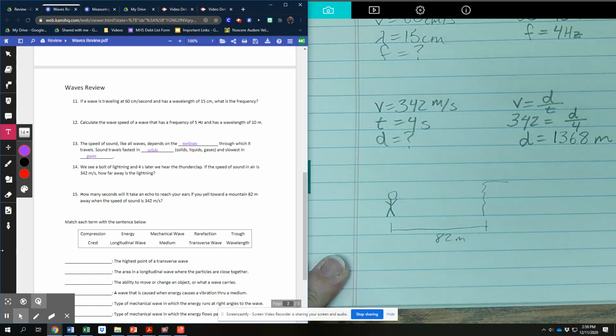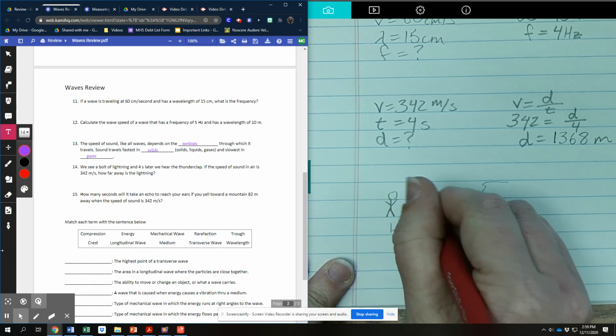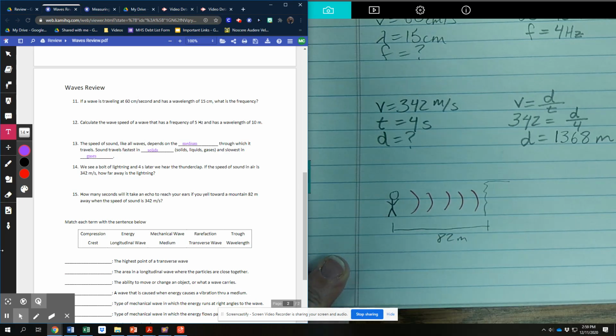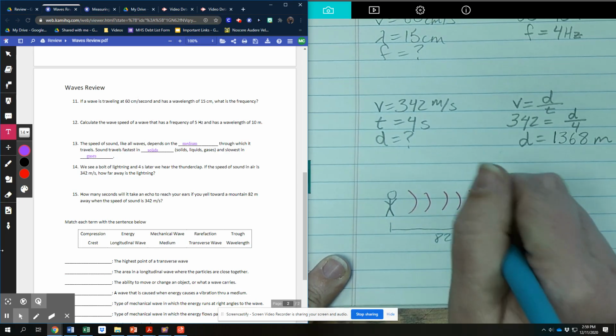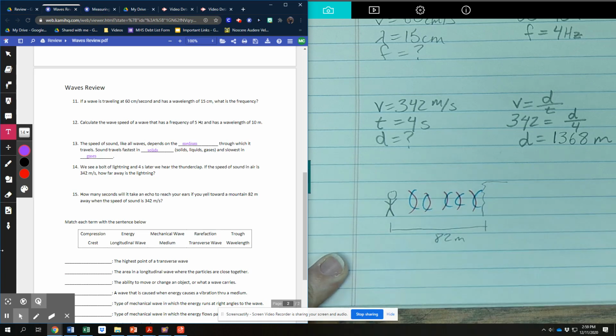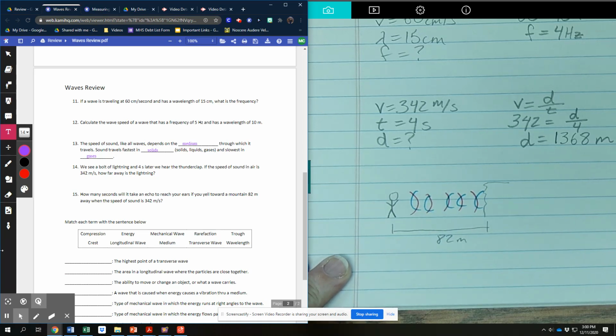And so you yell, and it hits and bounces back. And so we want to figure out how long will it take the echo to reach your ears.